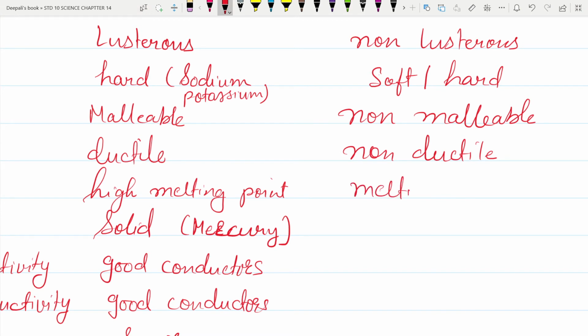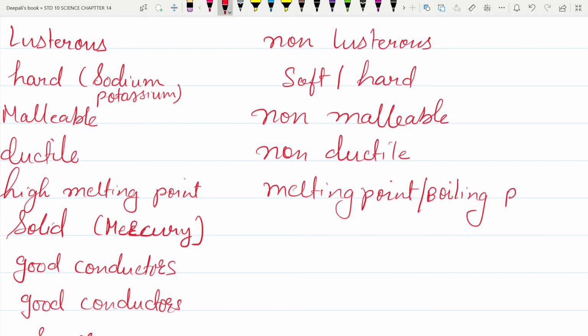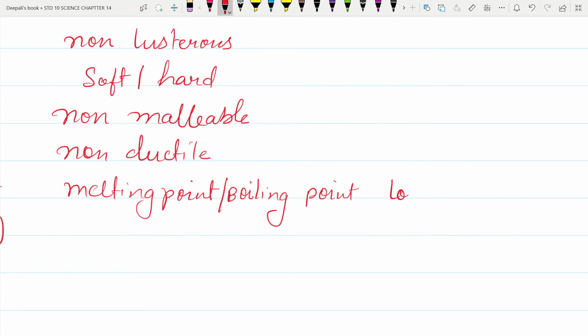Melting and boiling point may be different, low or high.